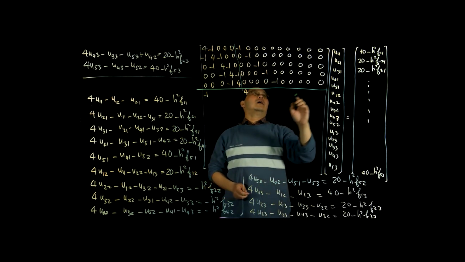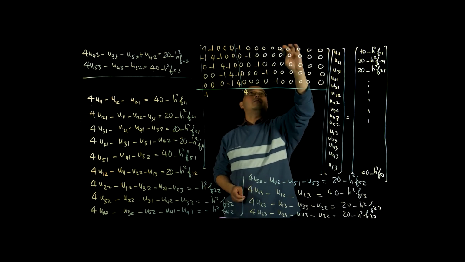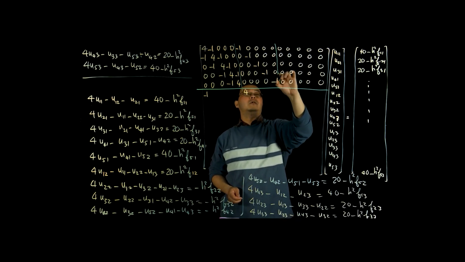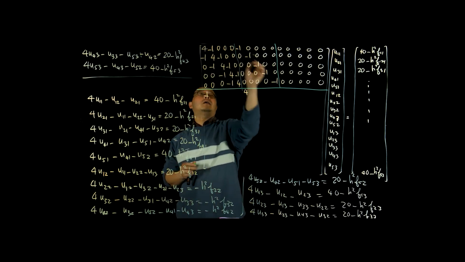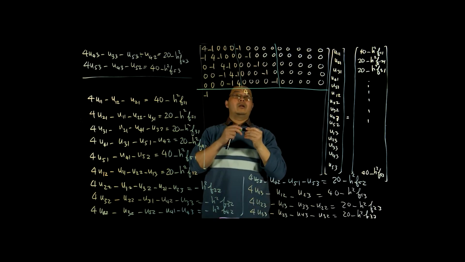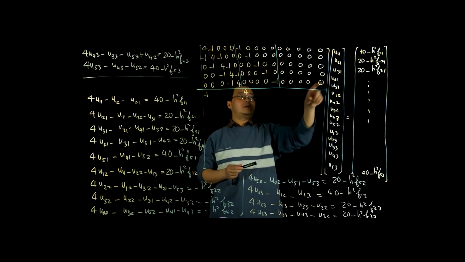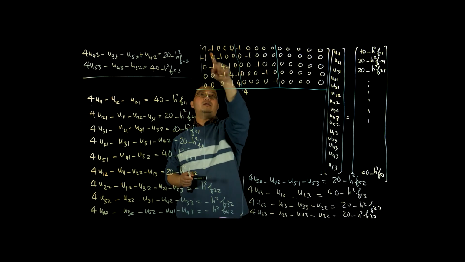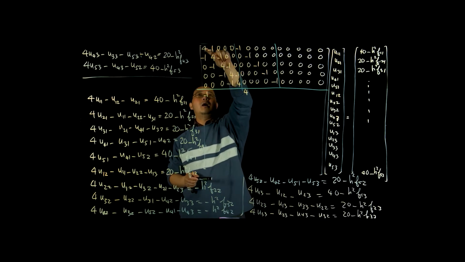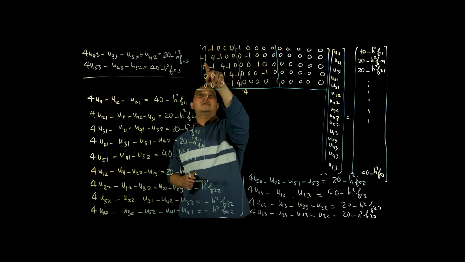Okay, and then 1, 2, 3, 4, 5. So you see, this block looks like minus identity. This one looks like a 0 matrix. And this one, the first and the last rows have only 2 entries, but the middle one has 3 entries, minus 1, 4, minus 1.